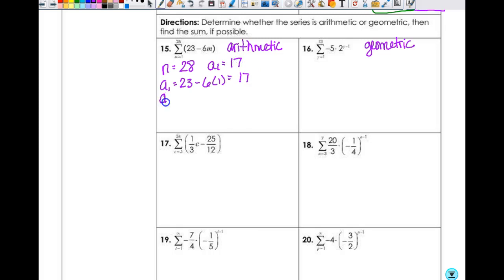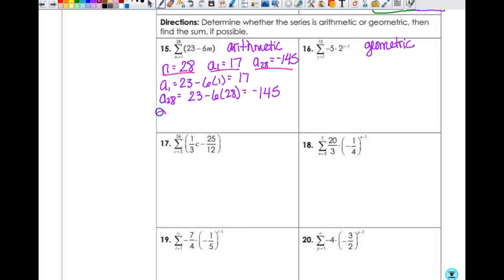Then I also need A28. So it's going to be 23 minus 6 times 28. Tell me what you get there. Negative 145? That's good.